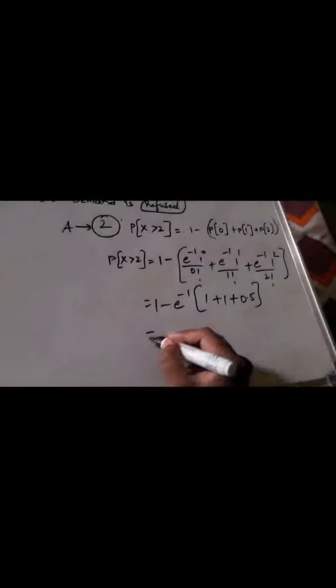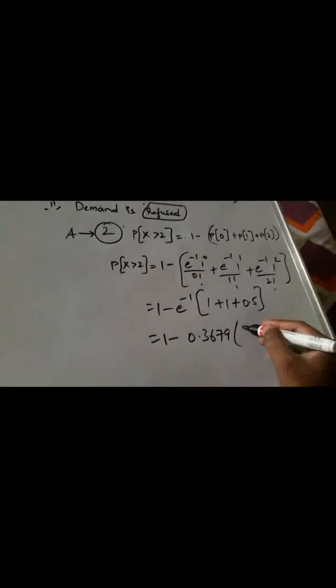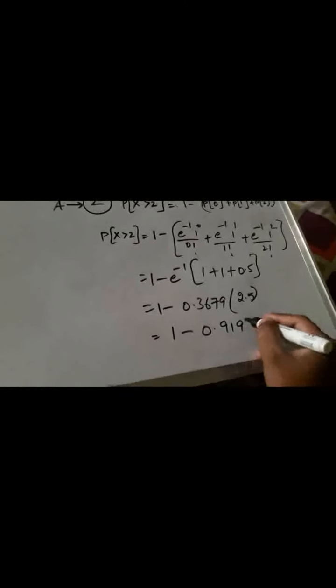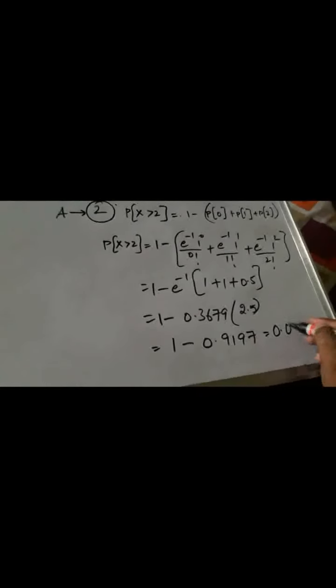So 1 by 2, 0.5. 1 minus of 0.3679 into 2.5. So this comes 0.9197. The final answer is 0.0802. Here comes the question.